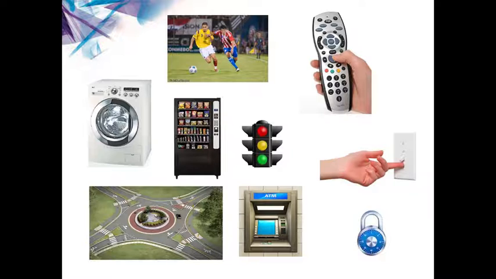The vending machine, the traffic lights, the roundabout has a language because there are rules that dictate how the car will merge into the roundabout. The ATM, the lock, the light switch, even a soccer game has its own rules and its own language.